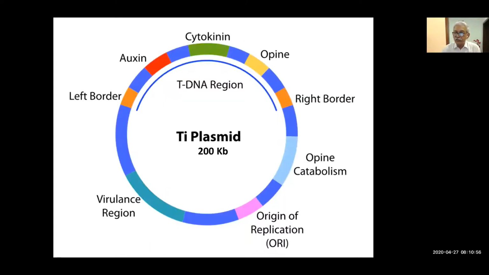If we look into this bacterium, it has a 200 kilobase plasmid. This is the plasmid which is responsible for every communication between the plant cell and the bacterial cell. This 200 kilobase plasmid is a wild type plasmid.